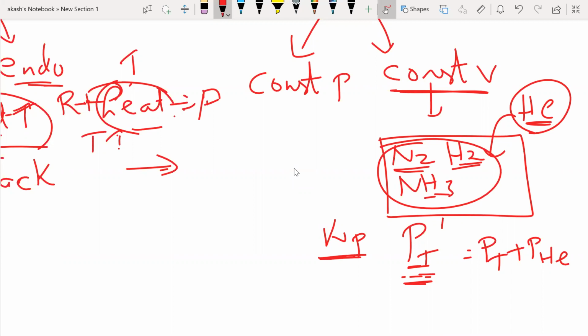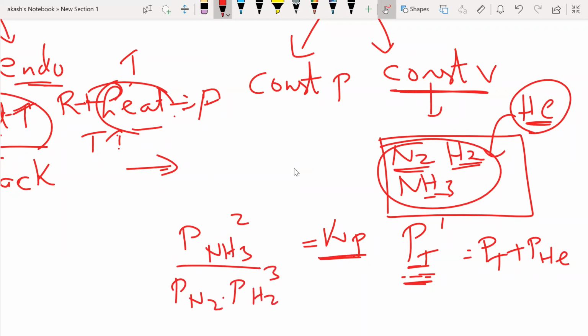Yes, sir, if delta n is not equal to 0. Okay, no, it's not that way. So how we see it is, in the Kp equation, you would have had the partial pressure of NH3, which would be on the product side, squared, divided by partial pressure of N2 into partial pressure of H2 cubed. Correct.